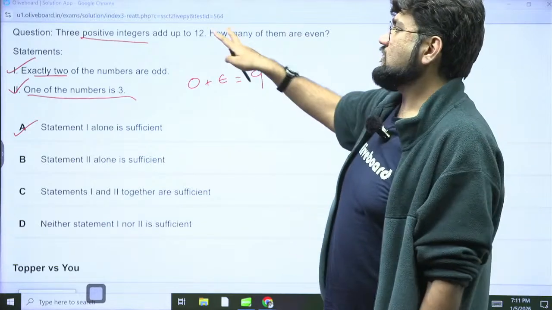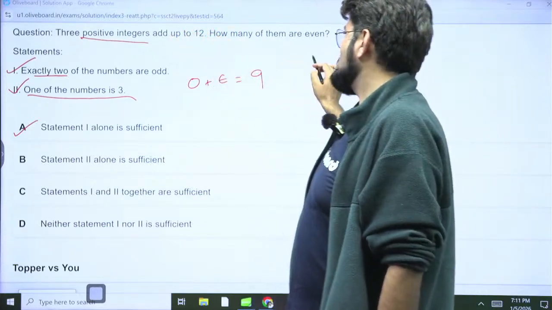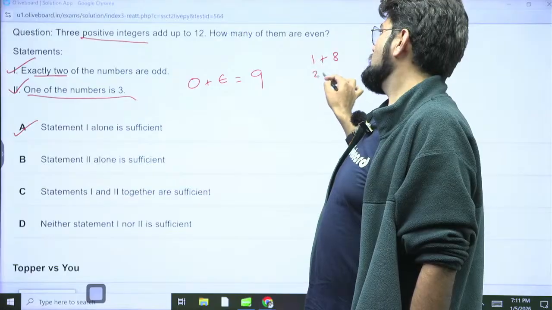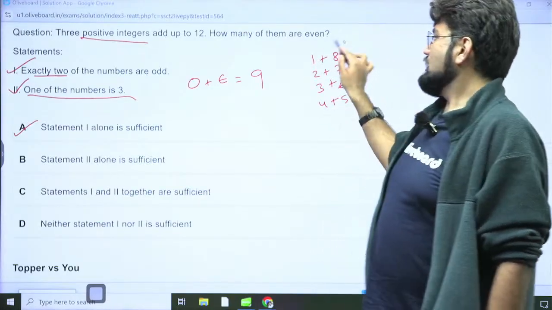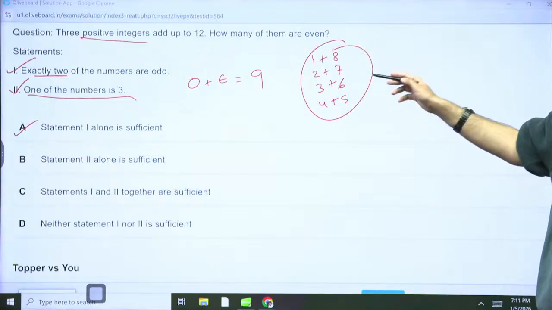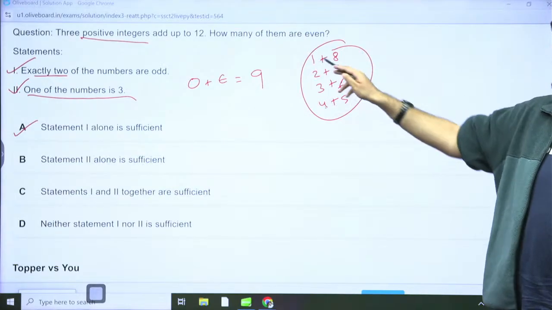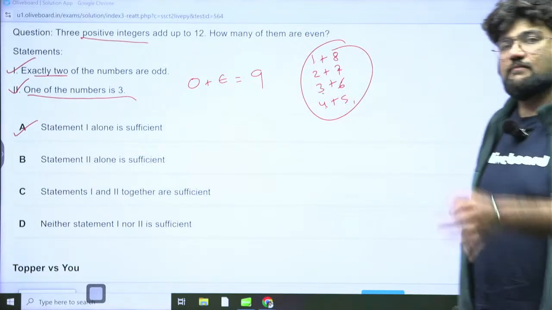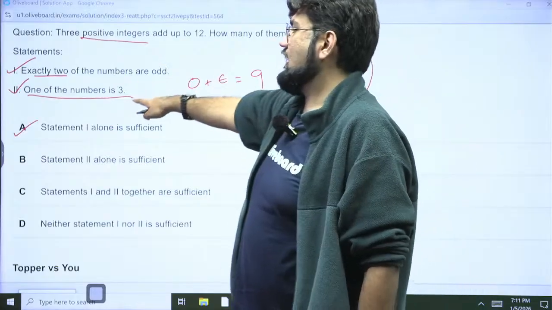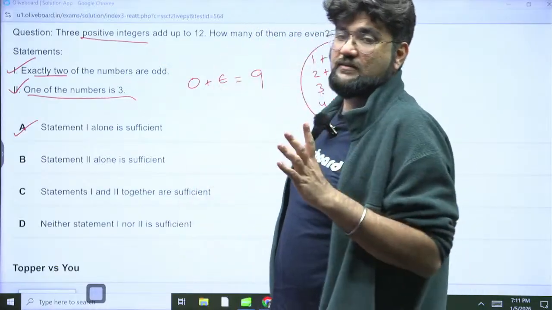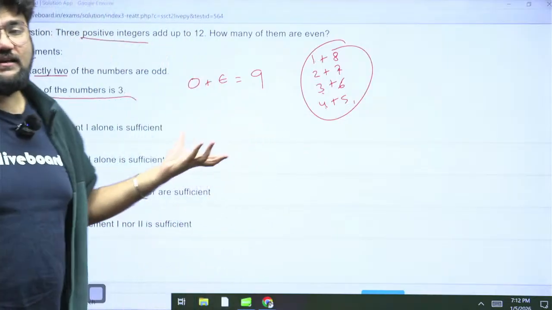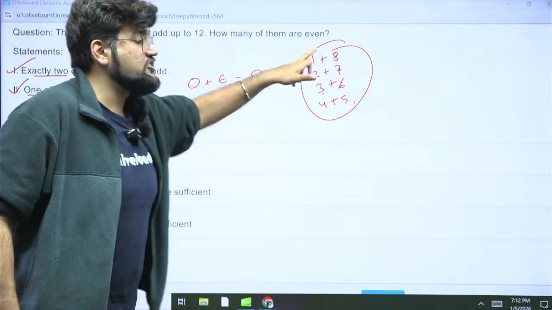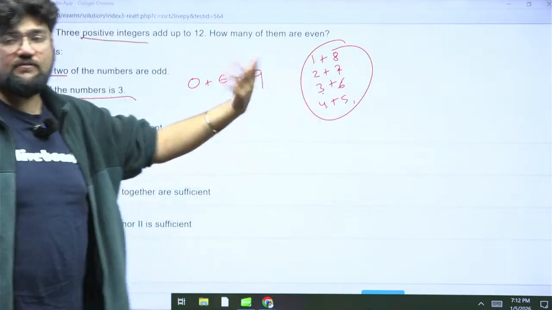The sum of 2 positive integers should give me 9, so it has to be either 1 plus 8, or 2 plus 7, or 3 plus 6, or 4 plus 5. Do you agree? So I know 1 is even and 1 has to be odd. That means I will be dead sure that if I have one odd and another odd, I will have exactly one even number in this case also, which is also sufficient to let me know how many even numbers are there. They are not asking us which even number, they are asking us how many even numbers.